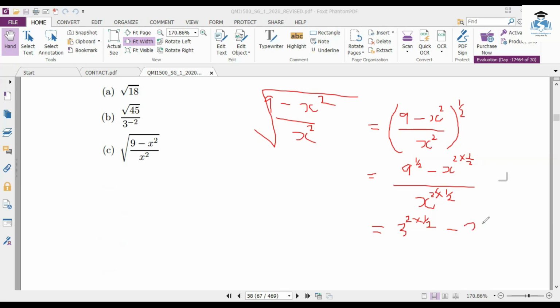Then it's going to be x to the power 1 over x. Then it's going to be 3 minus x over x. Do we all agree? Yes, yes, yes.